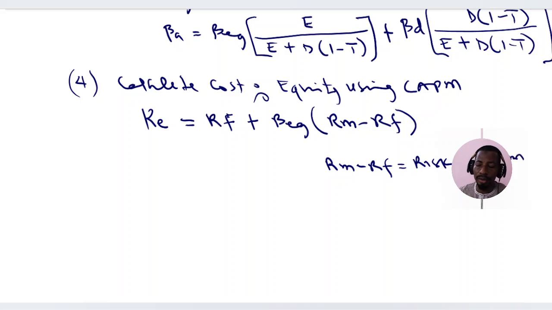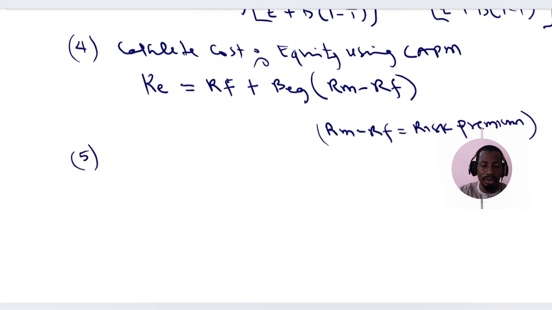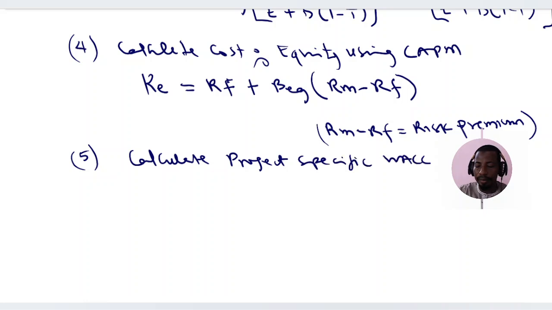Then step 5. You need to calculate the weighted average cost of capital, the project specific WACC. The same formula that you are familiar with in calculating WACC.